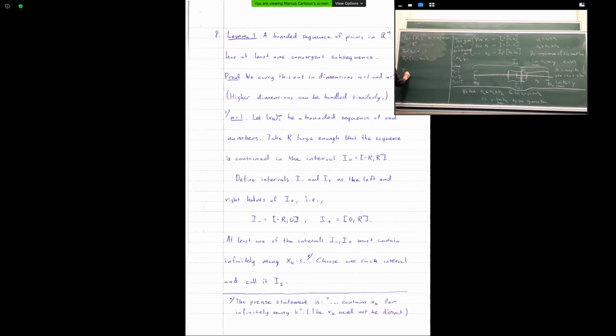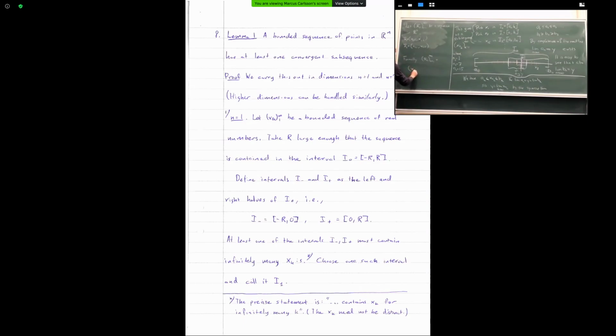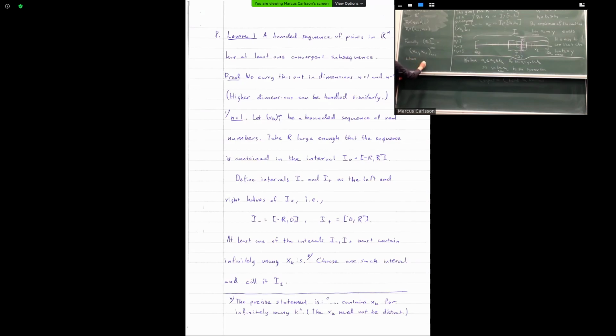So formally, we have that the sequence of vectors x_n, n goes from 1 to infinity, is the same as, written out, (x_{n,1}, x_{n,2}), n goes from 1 to infinity, where x_{n,1} and x_{n,2} are sequences in R. Right?